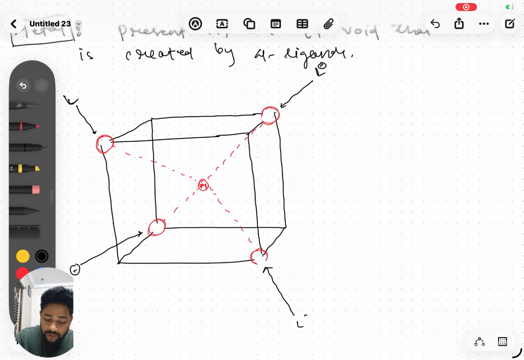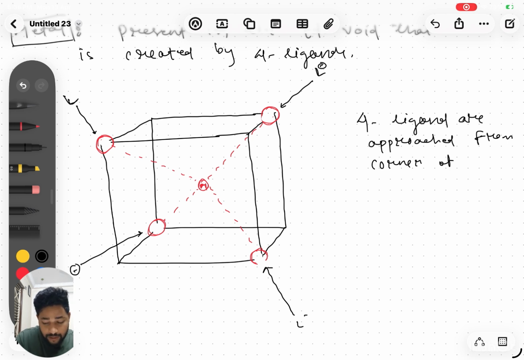That means four ligands are approached from the corners of the cube.